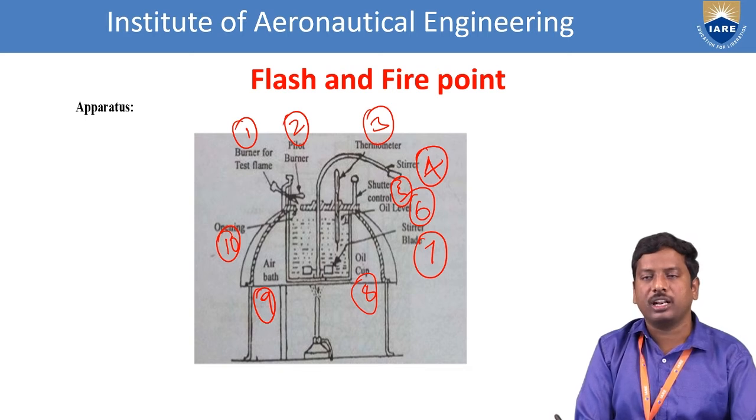So it contains a total of 10 components in the apparatus for flash and fire point.